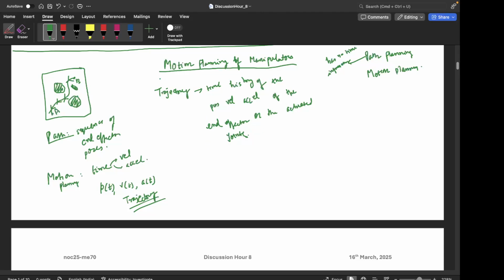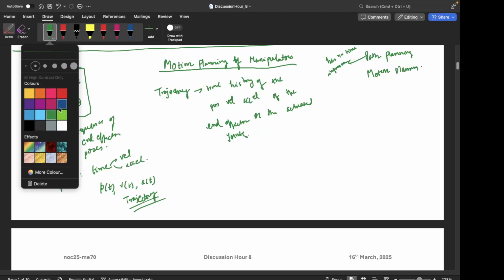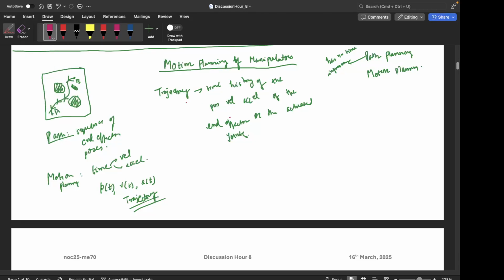Now here the key terms that we would like to highlight are, first, time history, and then position, velocity, acceleration, and then we have the end effector or the actuated joints.